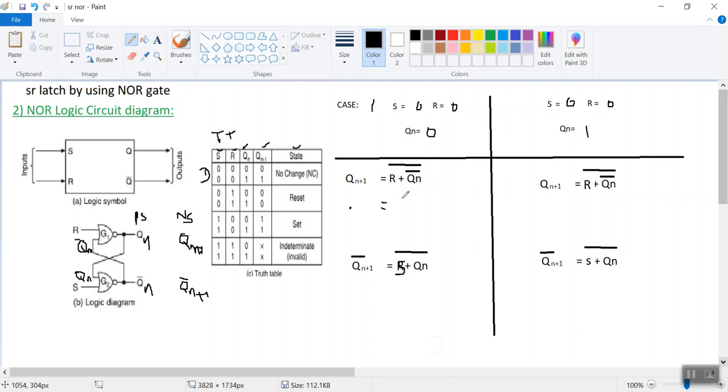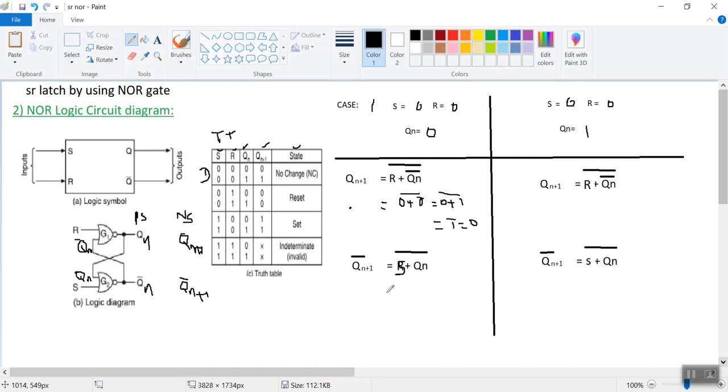My R value is 0 plus Qn bar, which is 0 complement, then whole complement. 0 complement is 1, so 0 plus 1 is 1, and 1 complement is 0.